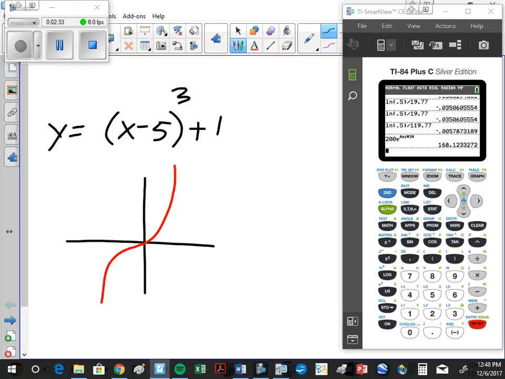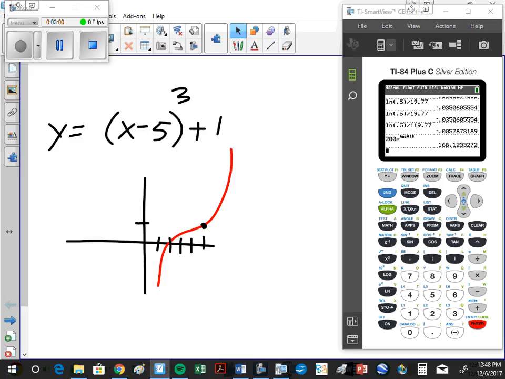And where does it move? So the x is changed by 5. Am I going to go right or left? Right. So 1, 2, 3, 4, 5. And the y's change up 1. So my new center is going to be right there. So I take this graph and I move it over and up, and that's what it looks like.